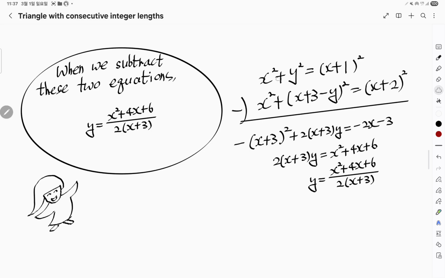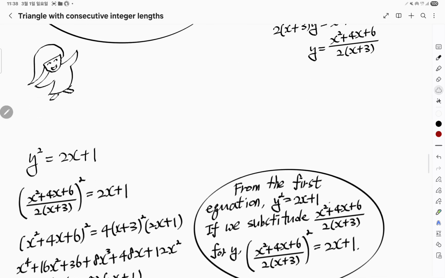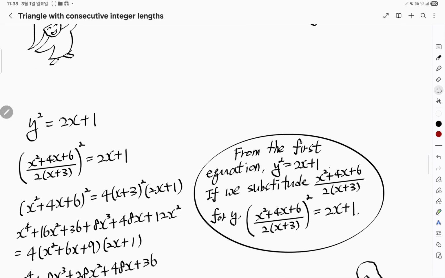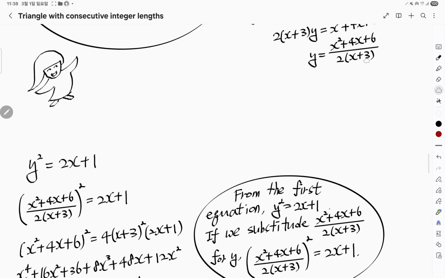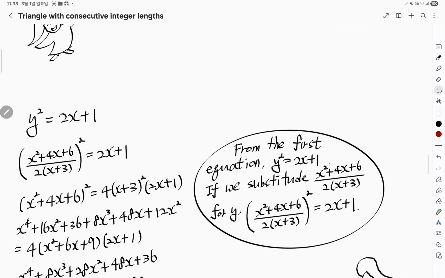From the first equation, y squared is 2x plus 1. If we substitute (x squared plus 4x plus 6) over 2 times (x plus 3) for y, ((x squared plus 4x plus 6) divided by 2 times (x plus 3)) squared is 2x plus 1.